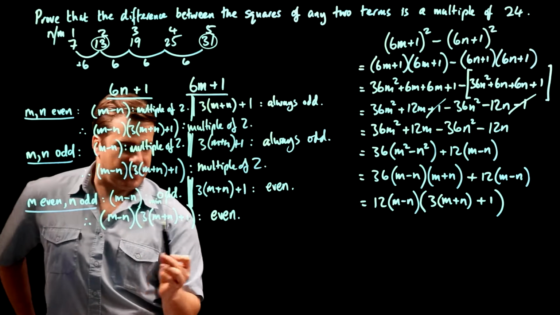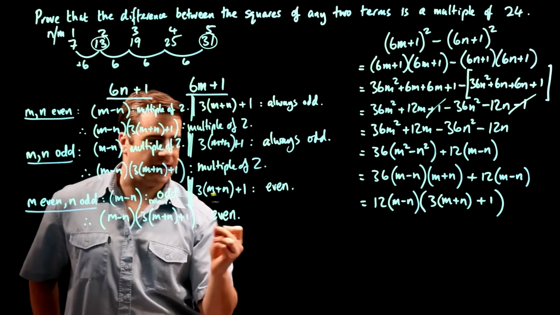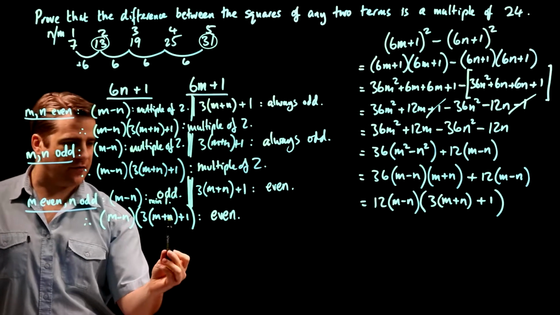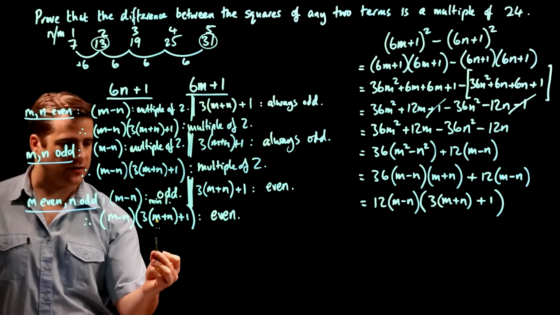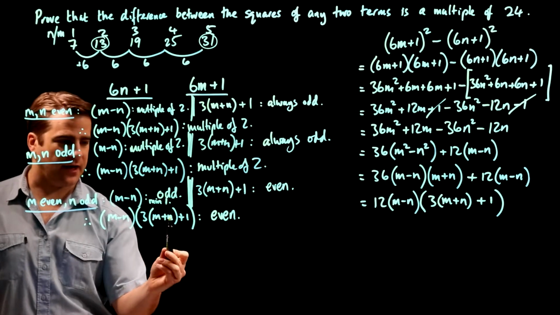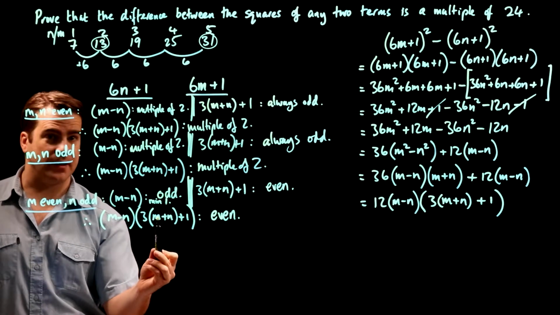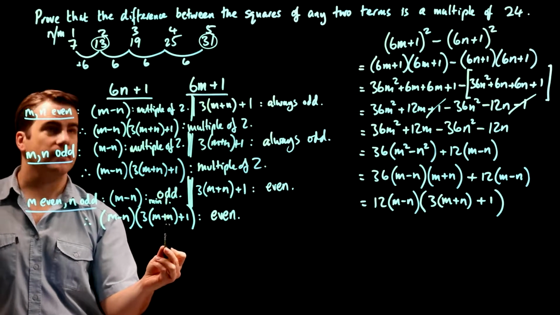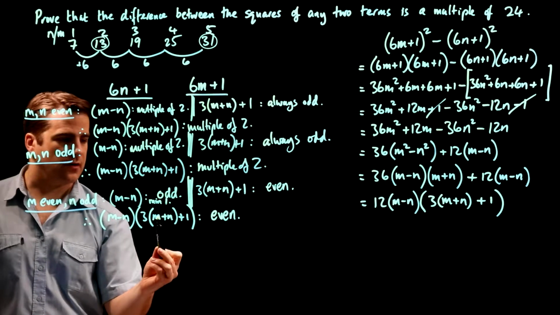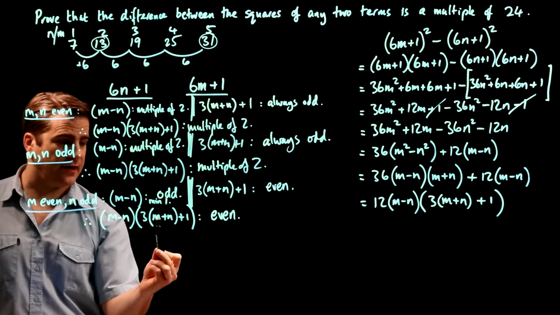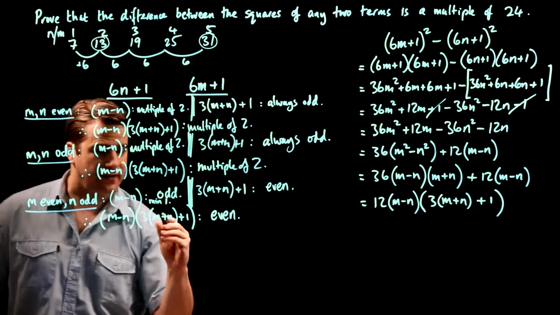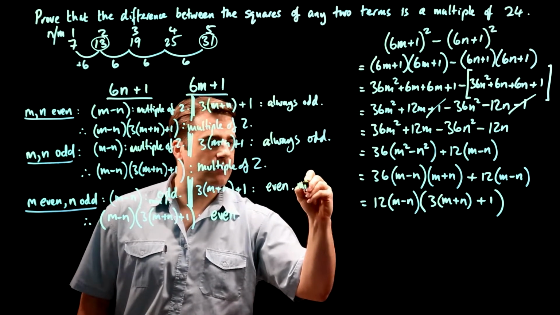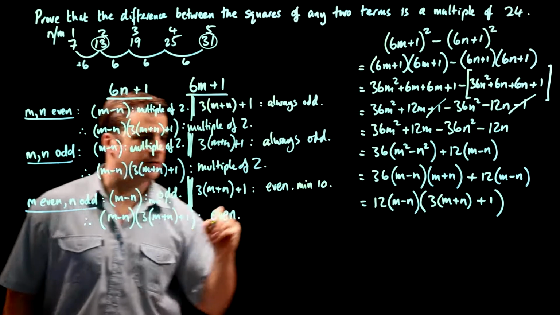We know that this bit is always even, but what's its minimum value? Well, it's all positives, it's looking good, isn't it? So m is even and n is odd. The smallest value m can be is 2. The smallest value n can be is 1. So the smallest value of that is 3 times 3, which is 9, plus 1 is 10. That has a minimum value, even, of 10.